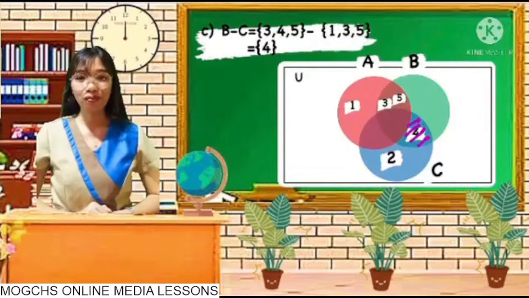C prime, we have elements 3, 4, 5 minus 1, 3, and 5. Thus, we have 4.